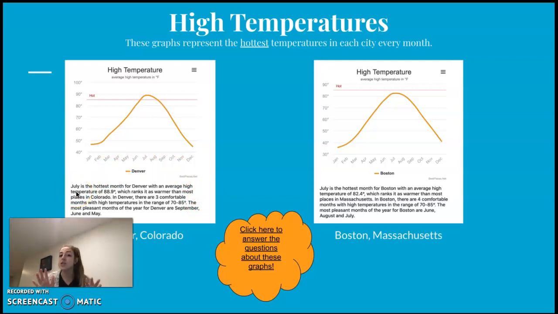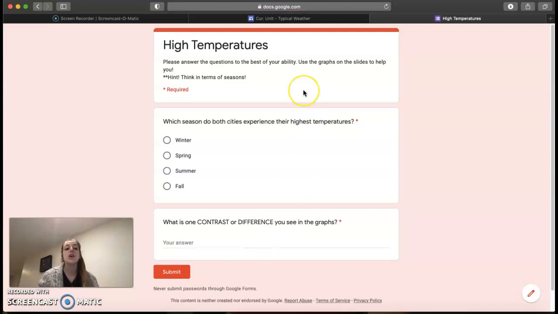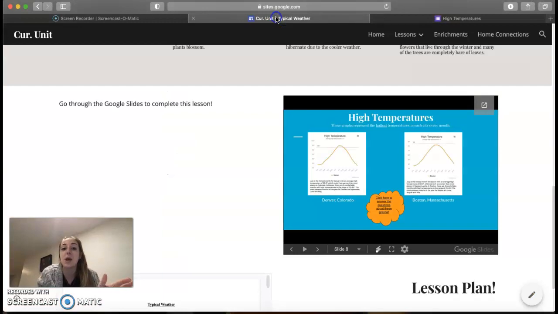Now, on each of these slides, what is important is that you click here. After looking at these graphs, on each slide, there are going to be Google Forms that you're going to need to answer. So these are questions you need to answer about those graphs. Be sure to go back and look at the graphs so you can answer the questions correctly.